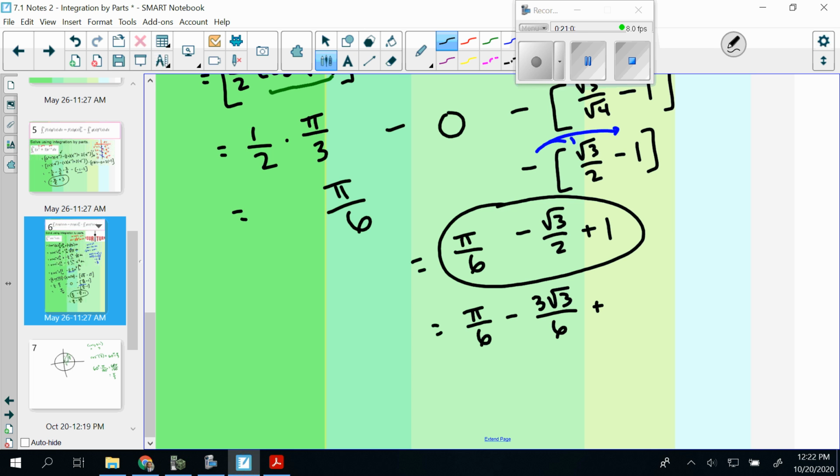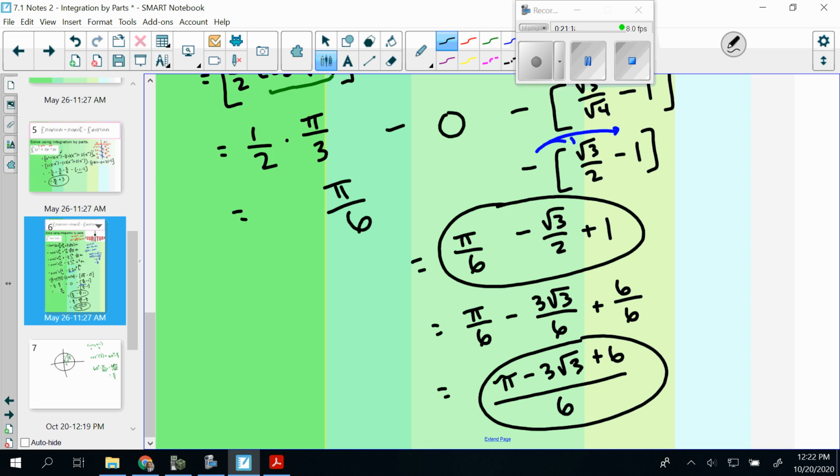This last one would be the same as 6 over 6. So if you put it together, you could also see the answer written as pi minus 3 square root of 3 plus 6, all over 6. So you could also maybe see the answer written as that if it's a multiple choice question and you needed to match it up.